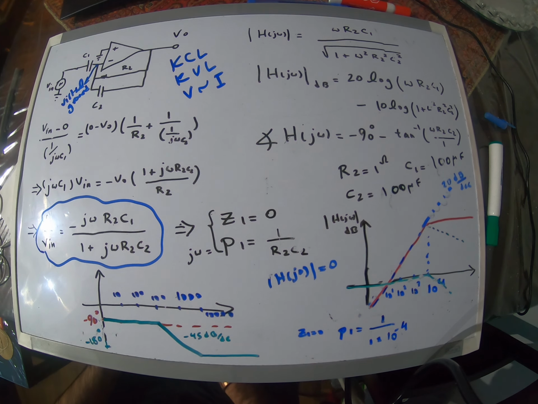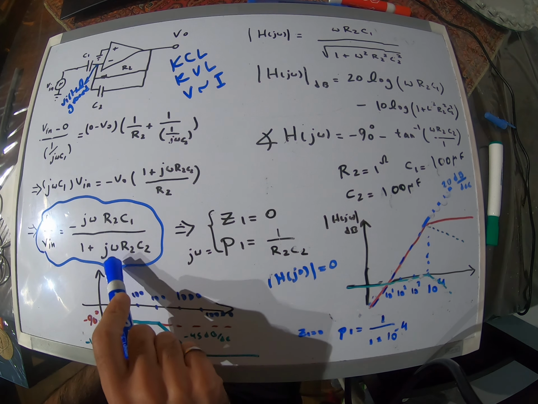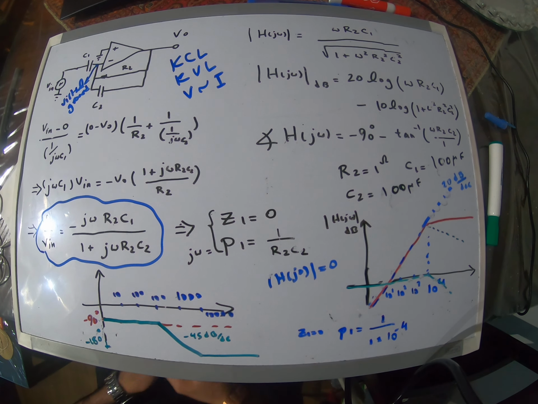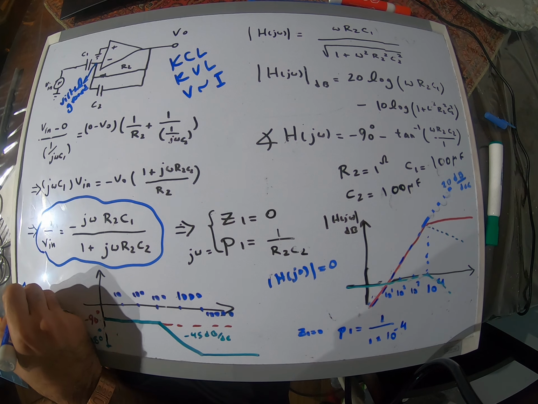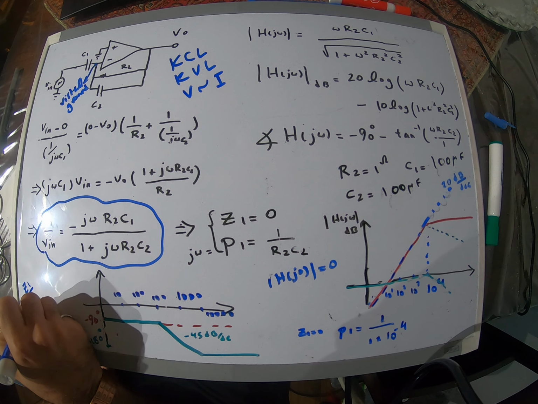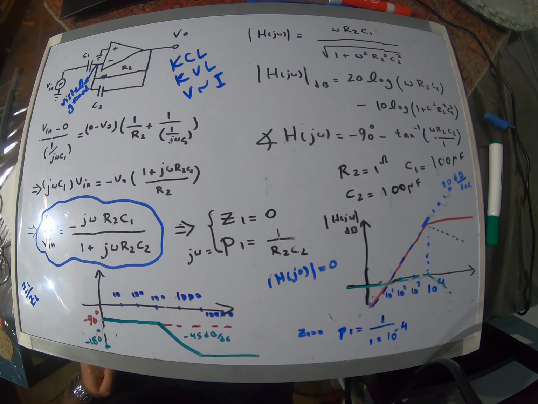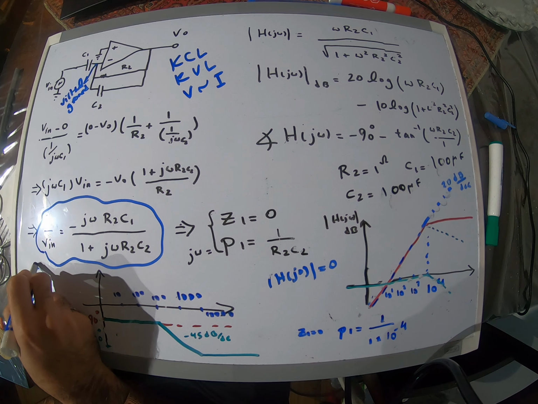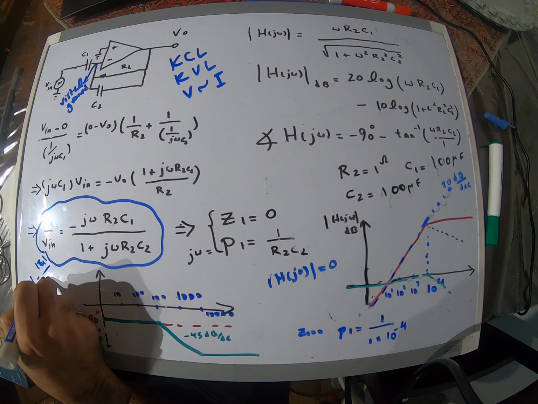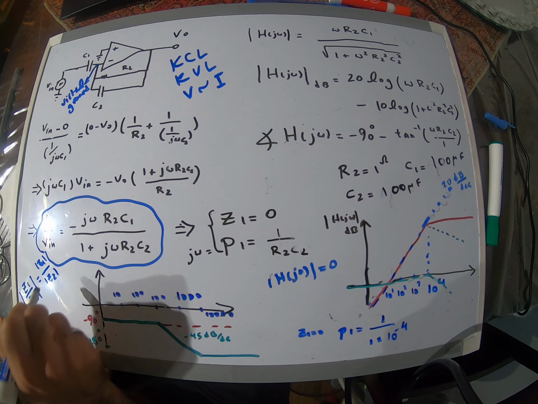Okay, so one thing that I wanted to show you here is first how to find the magnitude and the phase of the transfer function. So first of all, you remember that if you have two complex numbers divided by each other, like Z1 divided by Z2, the magnitude is basically the magnitude of Z1 divided by the magnitude of Z2.